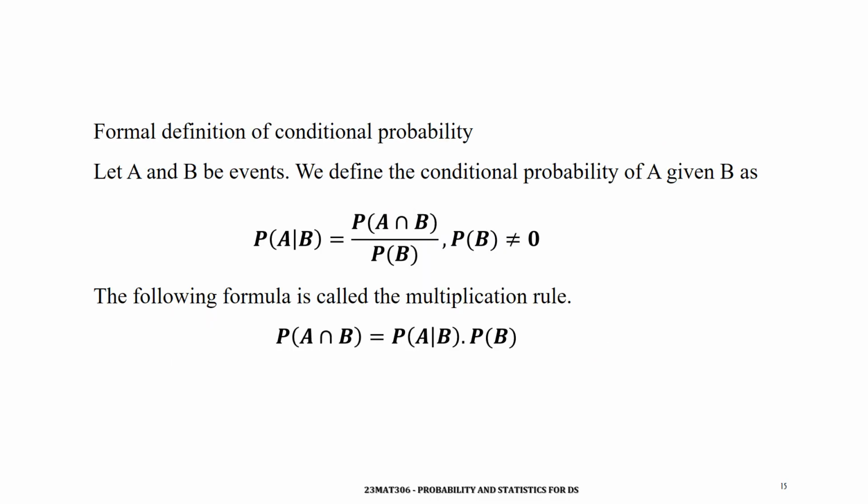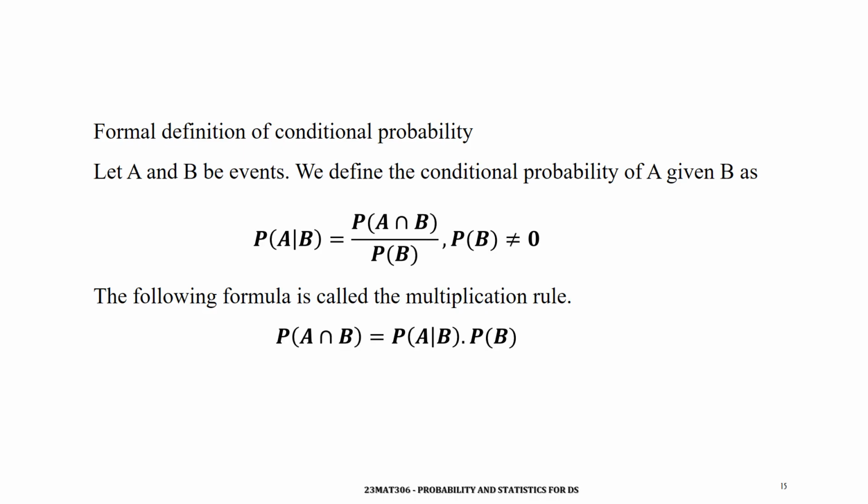So, this is the formal definition of conditional probability. When A and B are events, we define the conditional probability of A given B. That is, the probability of A given B is equal to the probability of A and B divided by the probability of B, such that the probability of B is not equal to 0.